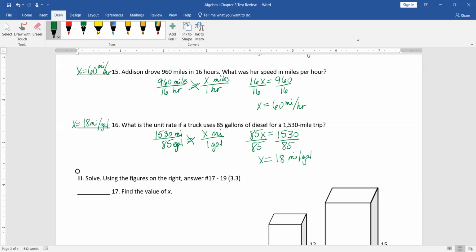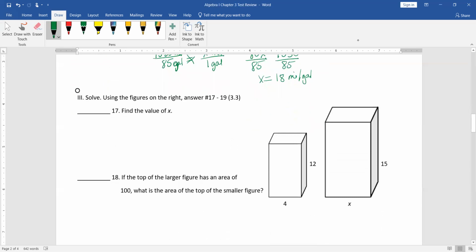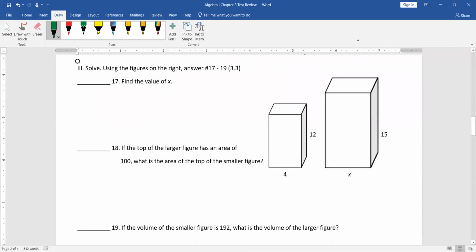So let's look at these scale and model questions from section 3.3. If you remember when we looked at similar figures, in this case we have some rectangular cubes that are similarly proportioned, but you can see obviously one is larger than the other.